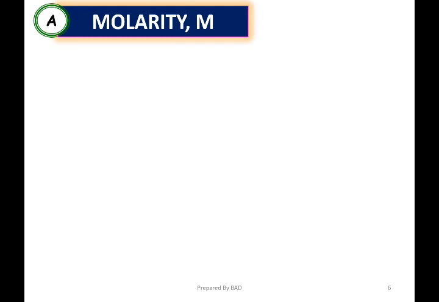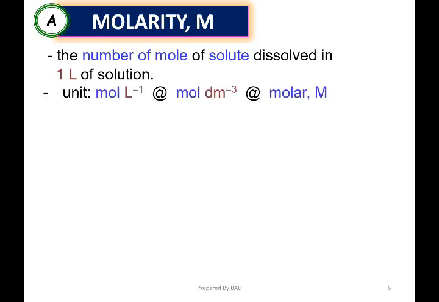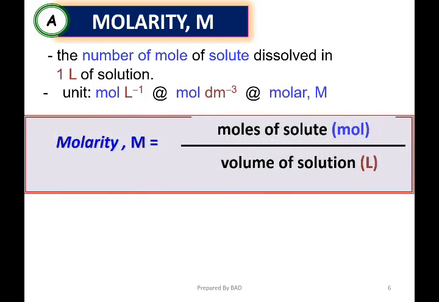The first one is molarity. The symbol is capital letter M. Molarity is the number of moles of solute dissolved in 1 liter of solution. The unit that we can use is mole per liter or mole per decimeter cube or molar. The formula for molarity equals mole of solute in mole divided by volume of solution in liter.